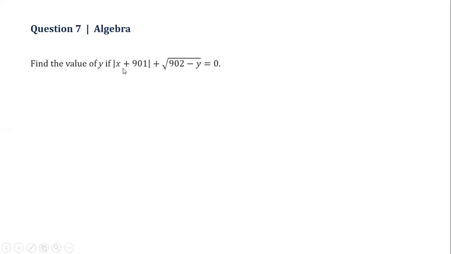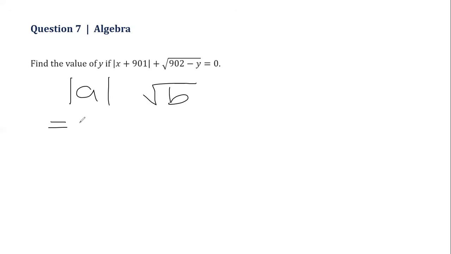So find the value of y if the absolute value of x plus 901 added with the square root of 902 minus y equals 0. Whatever you put in the absolute value function and the square root, the answer can only be non-negative.